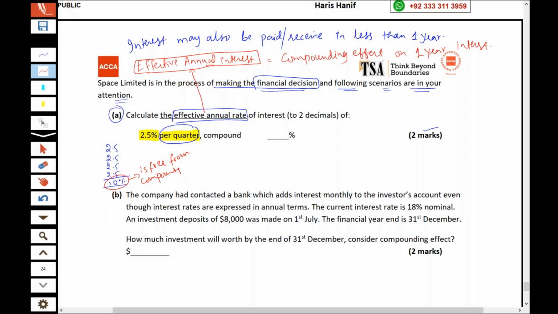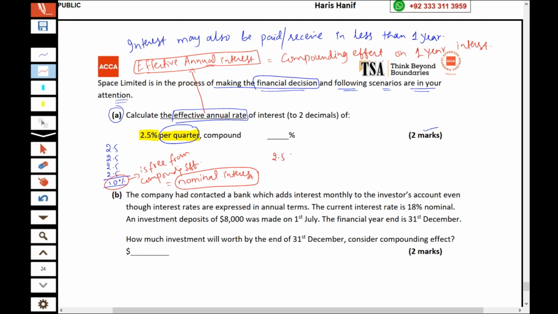It is known as nominal interest rate. But my compounded annual interest rate is more than 10%, because what will be happening?